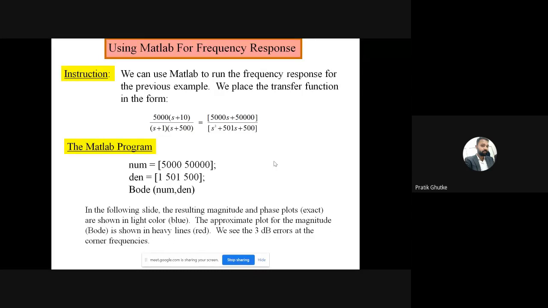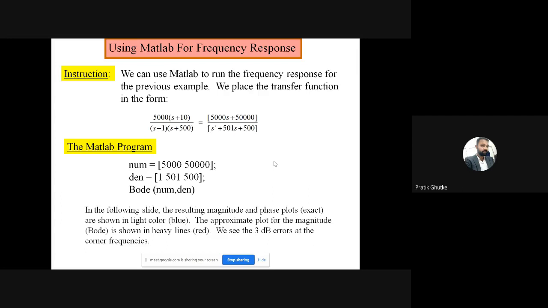And the instruction to draw the Bode plot is Bode in round bracket num comma den. As soon as this instruction is given, MATLAB will draw the Bode plot with the instruction Bode num comma den. Num means numerator, den means denominator.